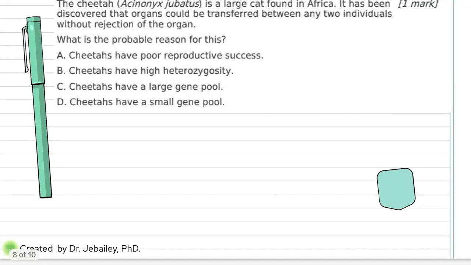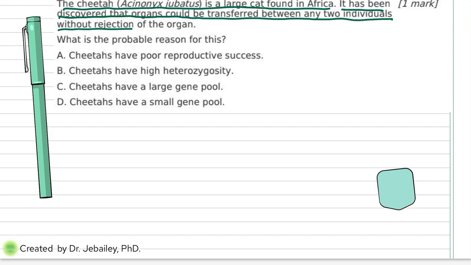Next, the cheetah is a large cat found in Africa. It has been discovered that organs could be transferred between any two individuals without rejection of the organ. Interesting. What is the probable reason for this? Now, why would they be able to transfer an organ between two individuals without any kind of rejection? Cheetahs have a poor reproductive success. Cheetahs have high heterozygosity.